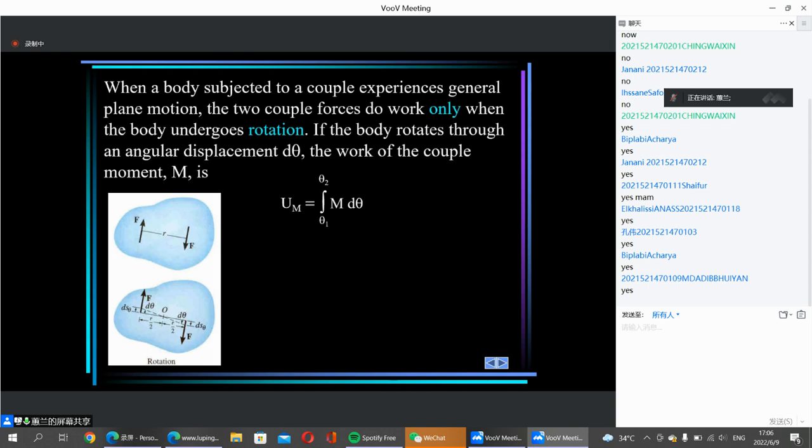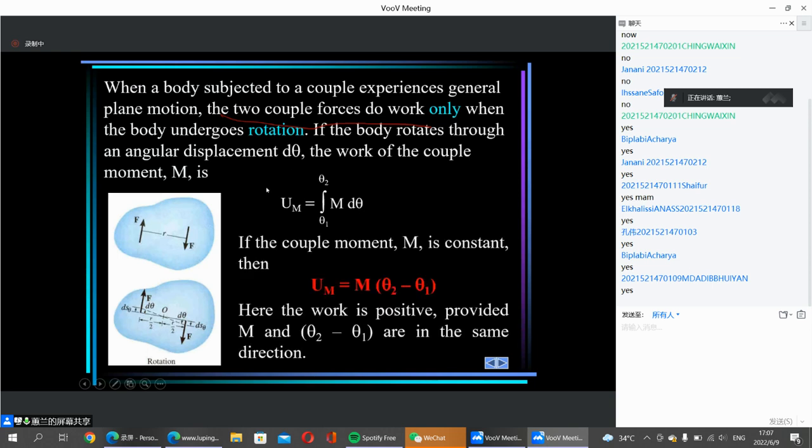That's why we say the two couple forces only do work when the body undergoes rotation. So if the body rotates through an angular displacement d theta, the work of the couple moment M will be M d theta, integrated from theta 1 to theta 2.